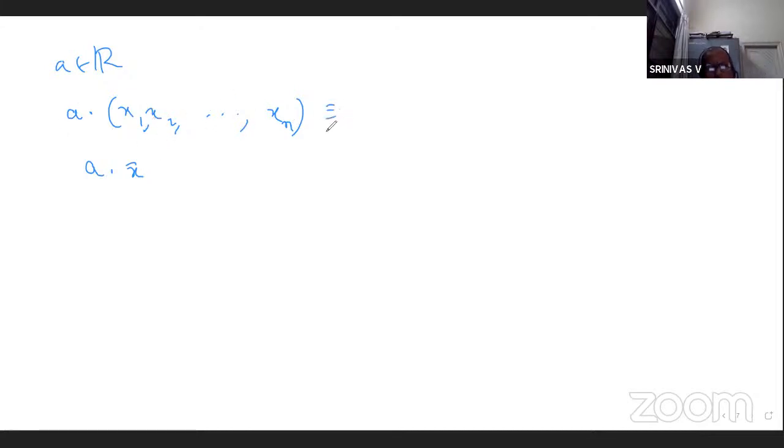How? This way. We'll multiply each of these by a. We multiply each coordinate by a. What do we get? a into x1, a into x2 up to a into xn. See, n tuples can be thought of as matrices.